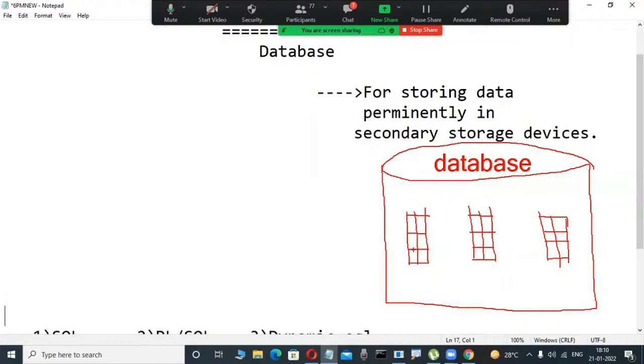That's why a structured collection of data is stored, and we operate on this data using SQL, structured query language.